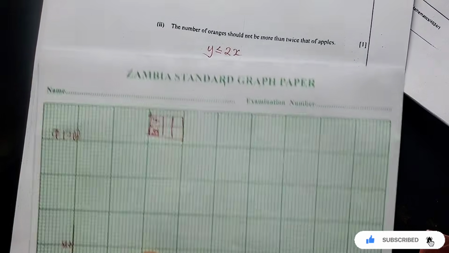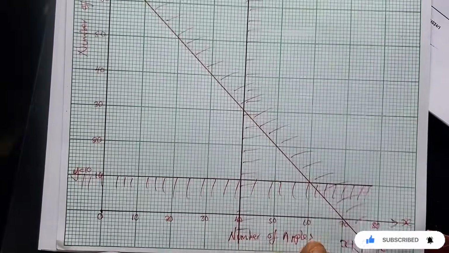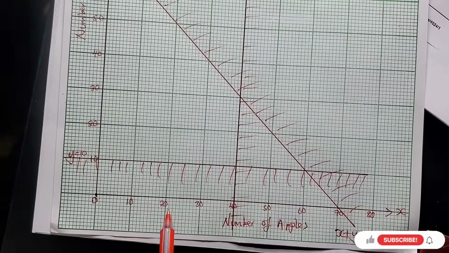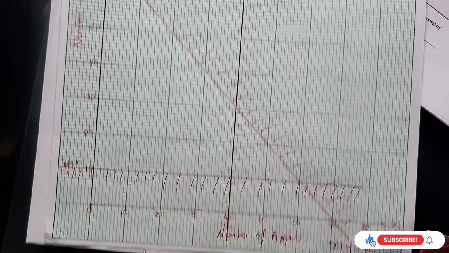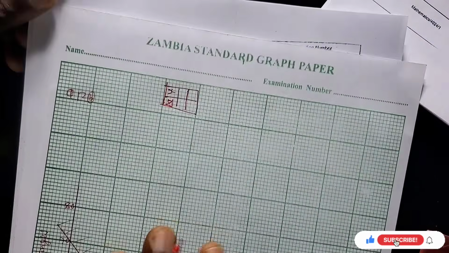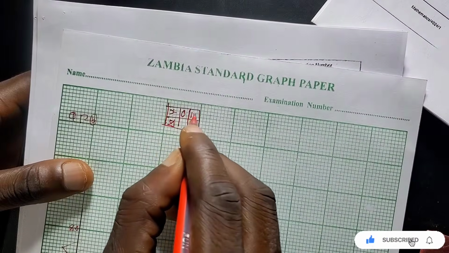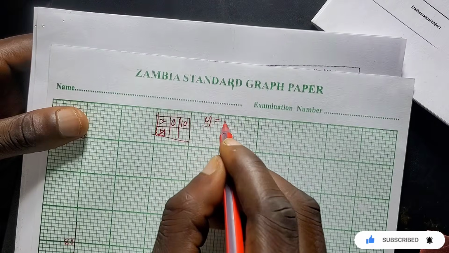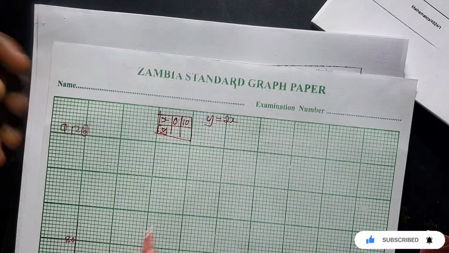Let's get any two coordinates in the x-axis. Let's get 0 and 10. Then it is y equals to, let's use the equal sign when solving.